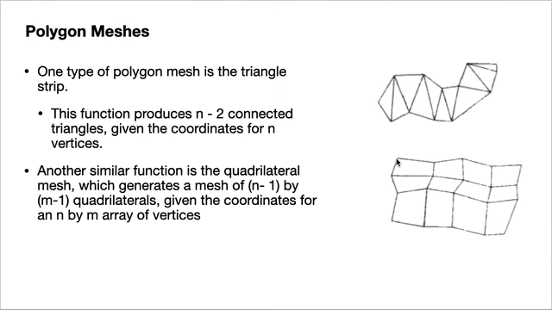So if you are given a matrix array of 5 by 4 vertices, it will have n minus 1 by m minus 1, that is 4 by 3, that is 12 quadrilaterals generated. So those are some polygon meshes that are used.